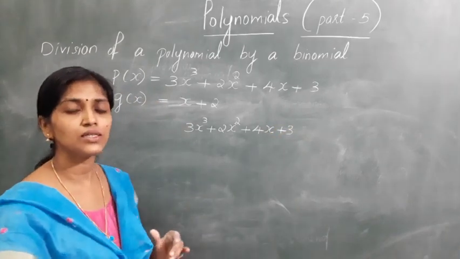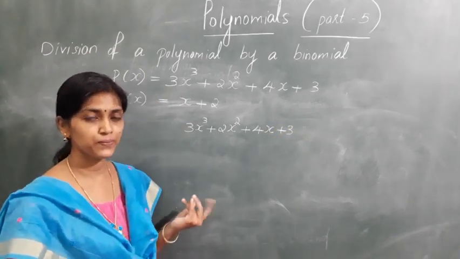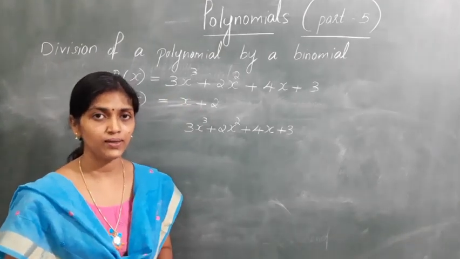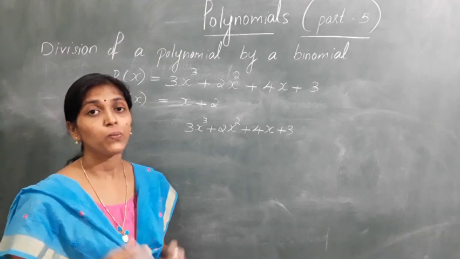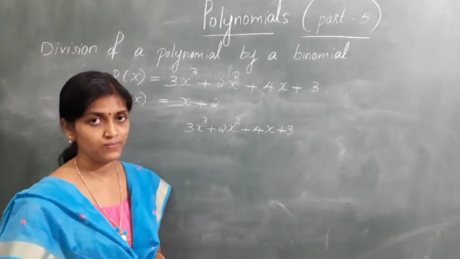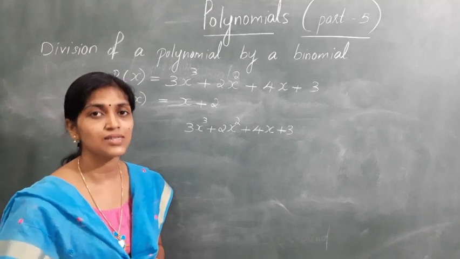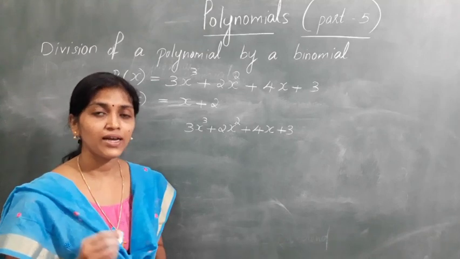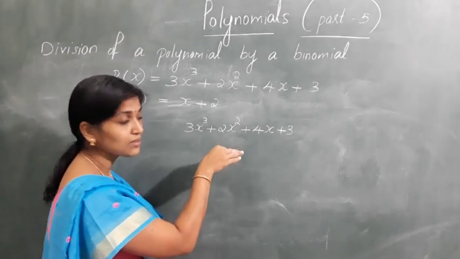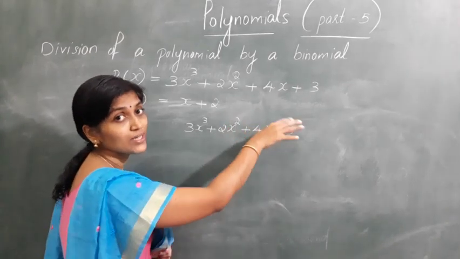One thing you have to see before going to the division, this is our polynomial. When you get a polynomial to divide, first you have to check whether our polynomial is written in the standard form. Now you may be thinking, what is the standard form? Standard form is nothing but writing the polynomials in decreasing order of their degree.